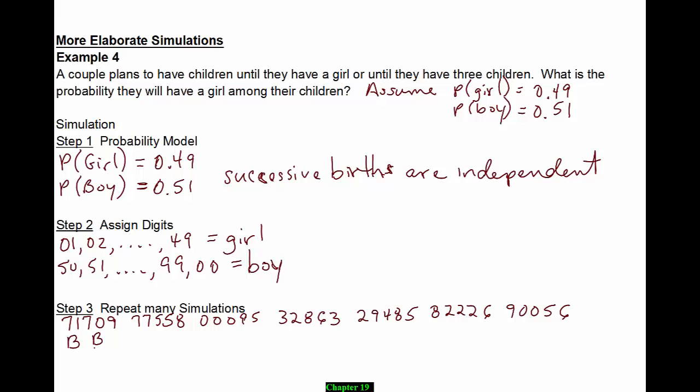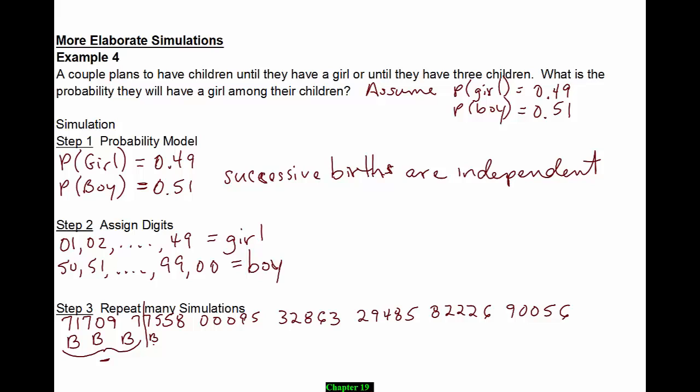So they've had 2 boys, so we're going to go ahead and look at the next 2-digit code, which is 97, and that is also a boy. Now this couple stops because they've had 3 children, and that's what was in the birthing plan. So this couple, our first repetition of our simulation, did not have a girl, so we're going to give it a minus.